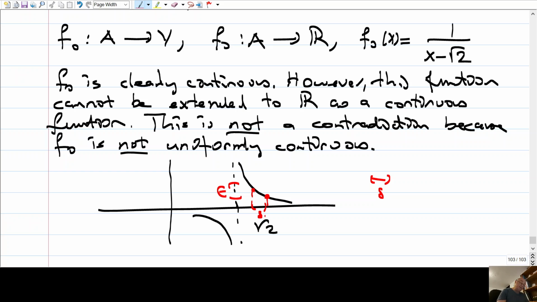So no matter how small delta is, if I move these points toward root 2, the distance between these two values will get bigger and bigger. Actually, that distance will go to infinity. Therefore, it will exceed epsilon, which is, let's say, 1 unit. Therefore, this function is not uniformly continuous. So this, of course, tells us that in the proof of the proposition, we have to make use of uniform continuity.